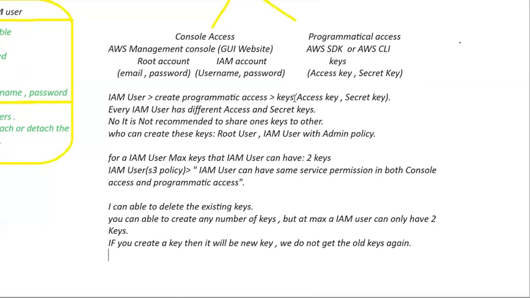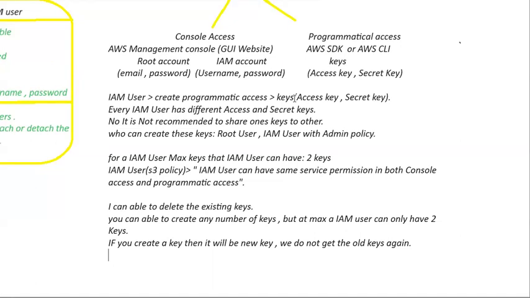You do not get the previous old keys again. When are the secret key and access key visible to me? Whenever you create the keys, only at that moment are they visible to you, and you have the ability to download them.